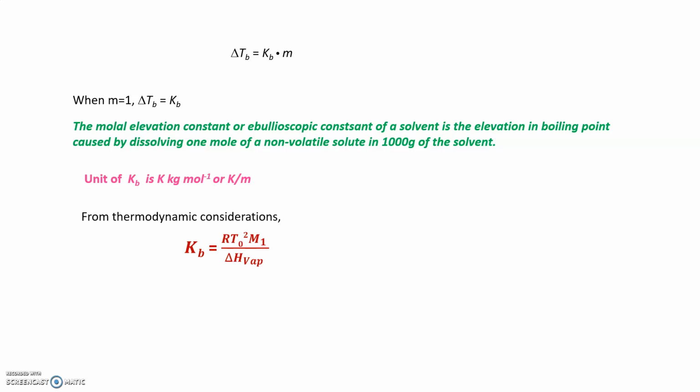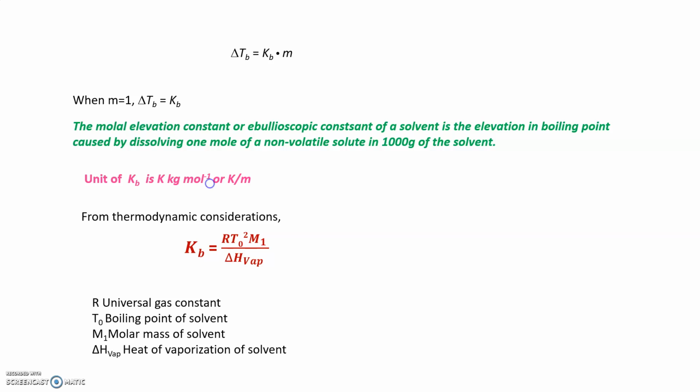Now from thermodynamic considerations, KB, the ebullioscopic constant, is equal to R T0 square M1 by delta H vaporization. R is the universal gas constant, T0 is the boiling point of the solvent, M1 is the molar mass of the solvent, and delta H vaporization is the heat of vaporization of the solvent.